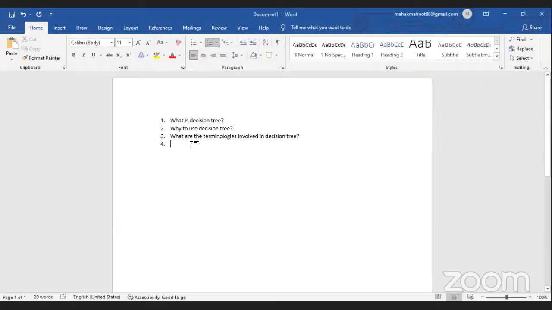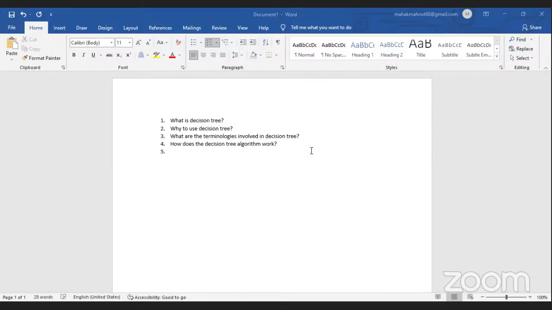Then the next question: how does the decision tree algorithm work? In a decision tree, for predicting the class of a given data set, the algorithm starts from the root node.